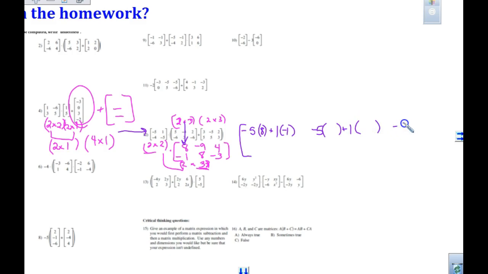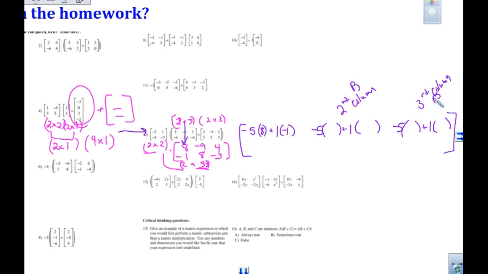And the last one is going to be -5 again times something plus 1 times something, right? So you can see this was that first row going across. This next one was the second column, right, of B. And this is the third column, right? Okay, that was going down.